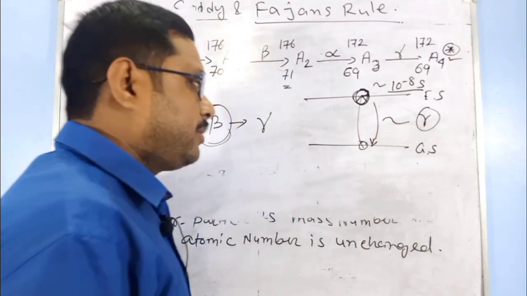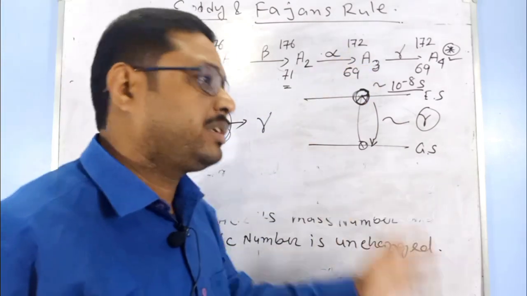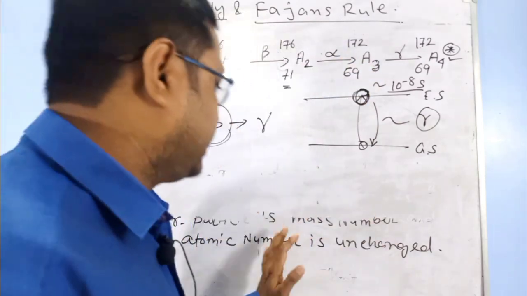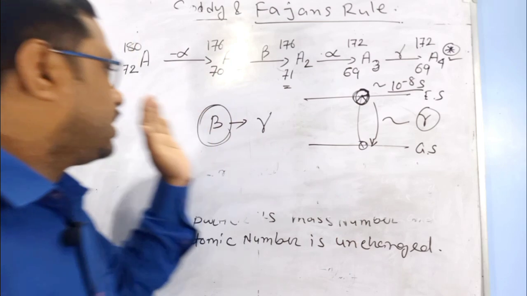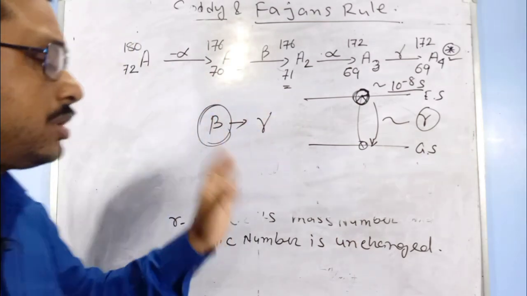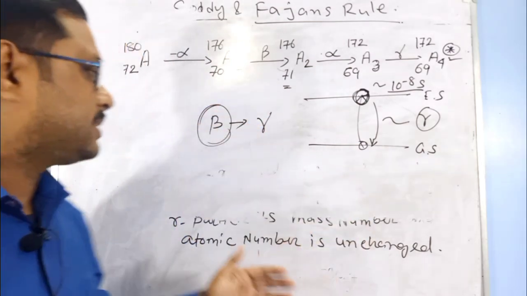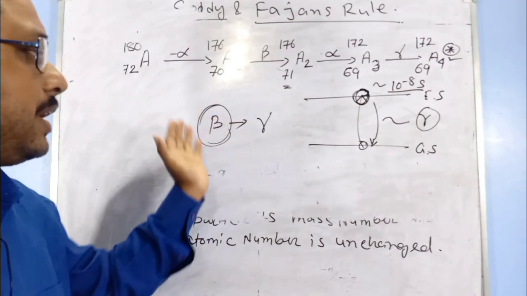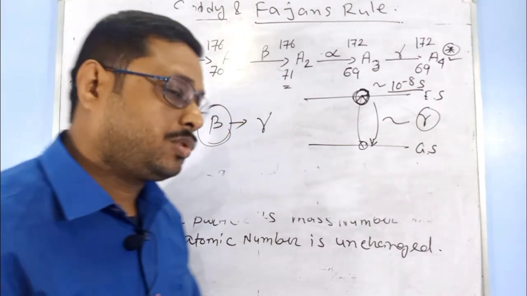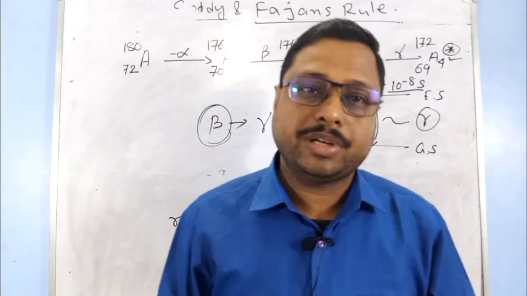If a nucleus cannot be excited to the excited state, it cannot emit a gamma ray. This is the reason why gamma rays do not come first but always come after emission of alpha or beta particles. So this is the basic theory of radioactivity.